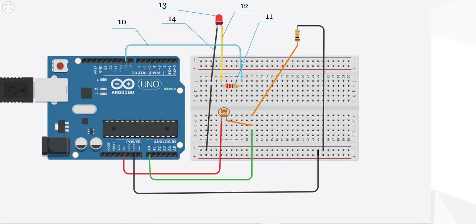We connect one leg of the resistor with digital pin number 9, and the second leg is connected to the anode of the diode, and the other leg of the diode must be connected with ground.